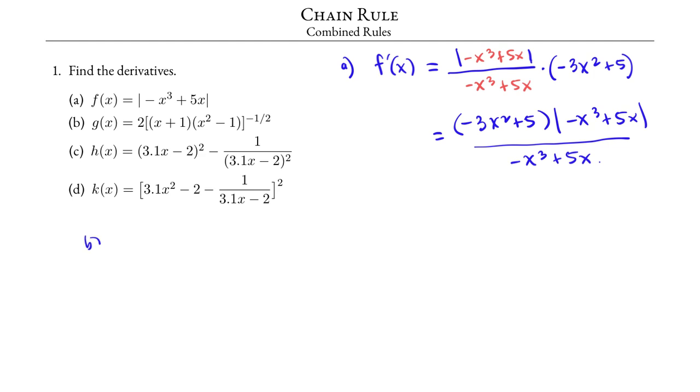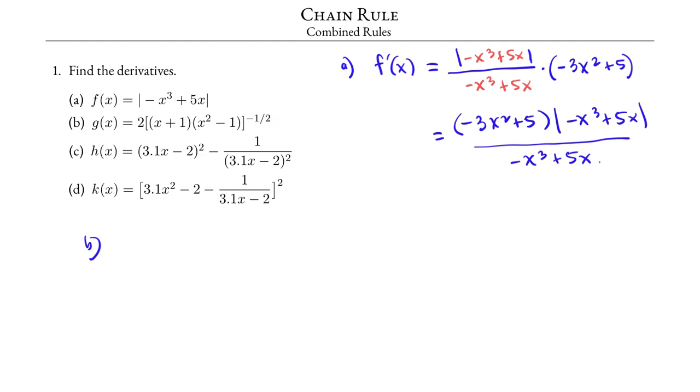For part B, we see that this is a constant multiple of a power negative 1/2 function. And then inside this power function is a product, but the outermost function is a power. And so we will use the power rule first.